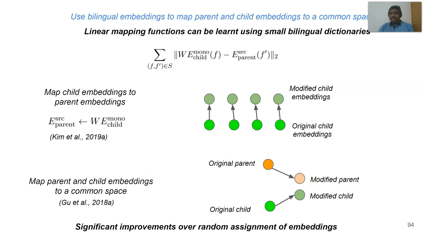Once we have trained the parent model, we look at the parent model's embeddings and learn a mapping function from the monolingual child embeddings to the parent word embeddings. With this, we can transform the child's embeddings into the space of the parent, and then continue with fine tuning. An alternative is to map both the parent and the child into a common space. This approach gives good improvements over random assignment of embeddings and is more generalizable, not limited to the available bilingual dictionary.